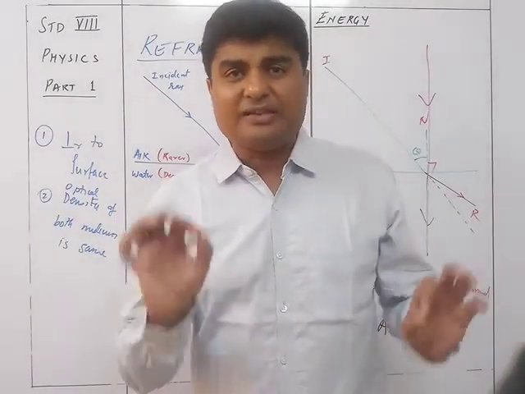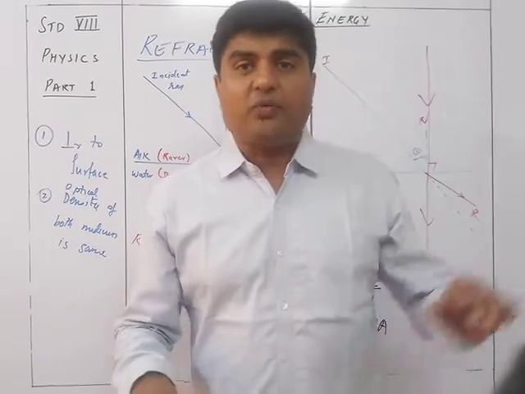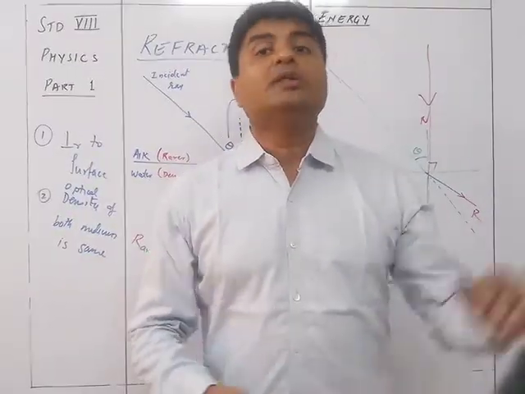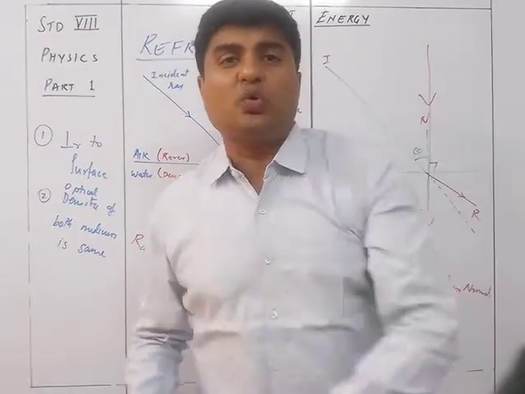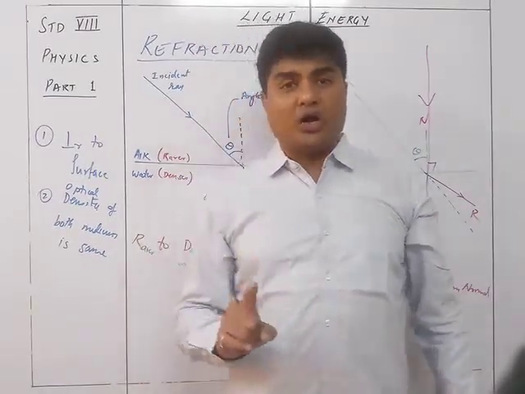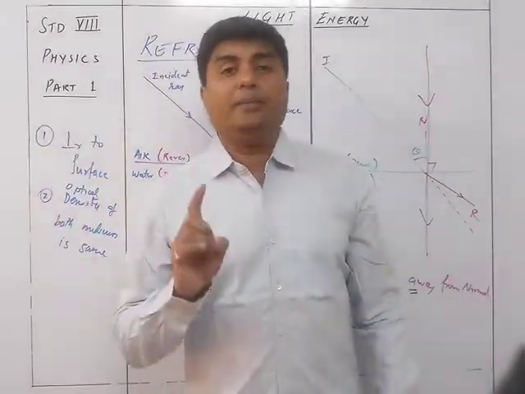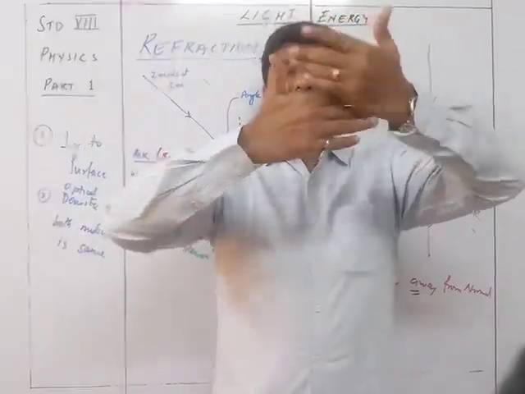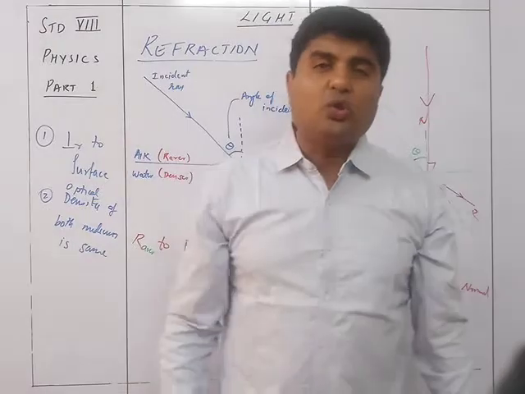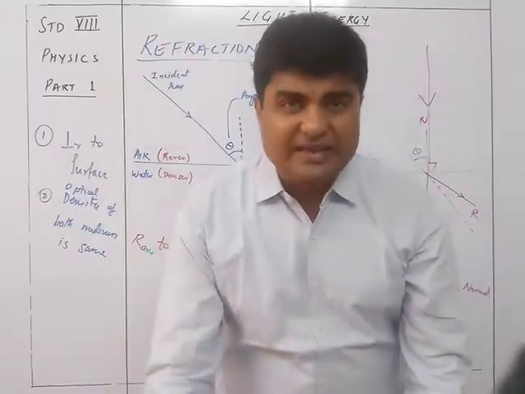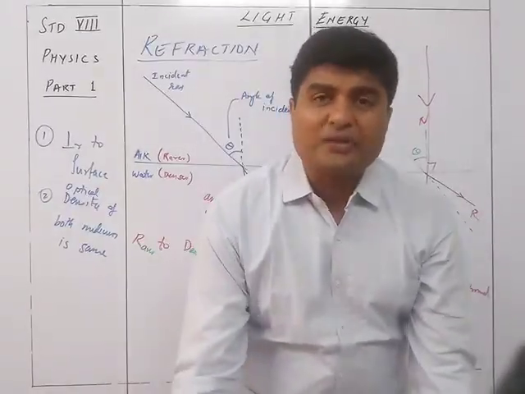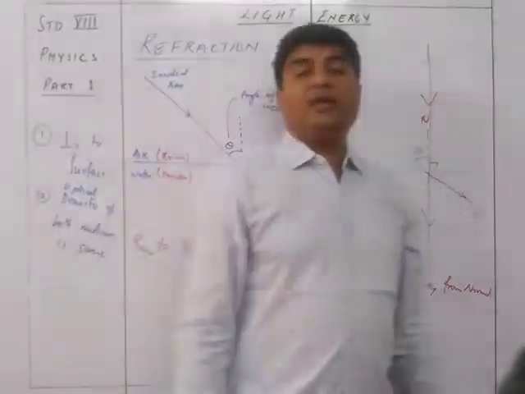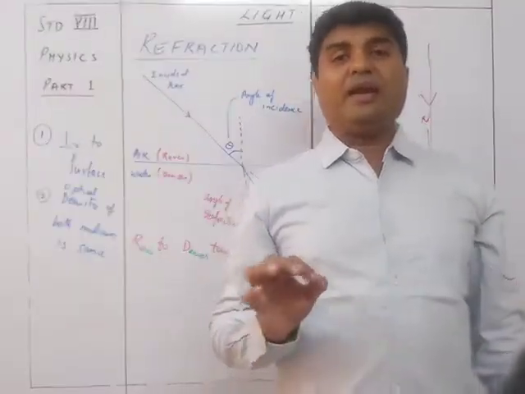So in such a condition, irrespective of the angle at which I send the light onto it, the light will just pass through without any deviation, because for the two separating media, this water and this glass, if both have the same optical density, then there will not be any bending.